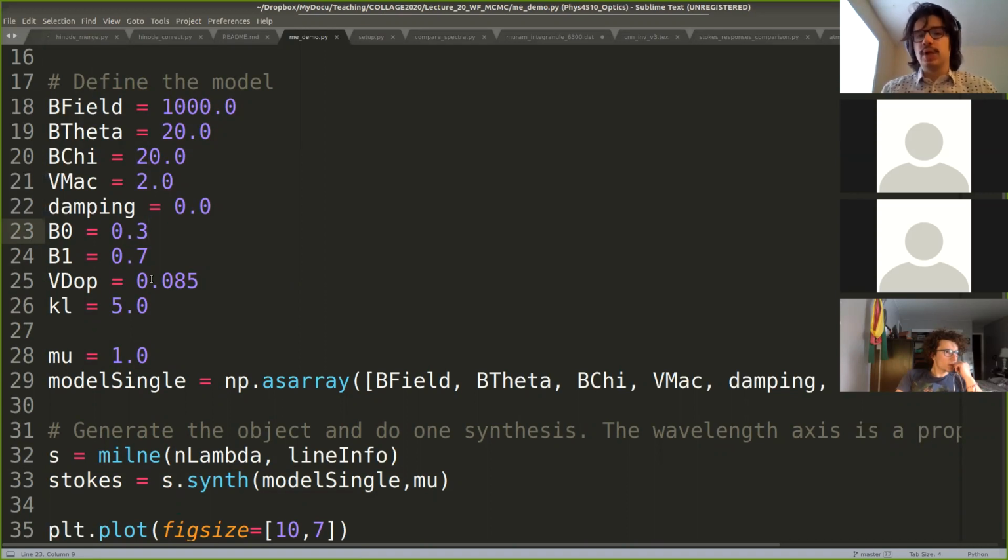Instead of just looking at V, we are looking at Q, U, V, and I, and we are determining all these parameters. Okay? And this is already very powerful because it can tell you the full vector of the magnetic field. And it is still used for many missions and many instruments in many cases. Like the default Hinode data inversion module is the Milne-Eddington module.